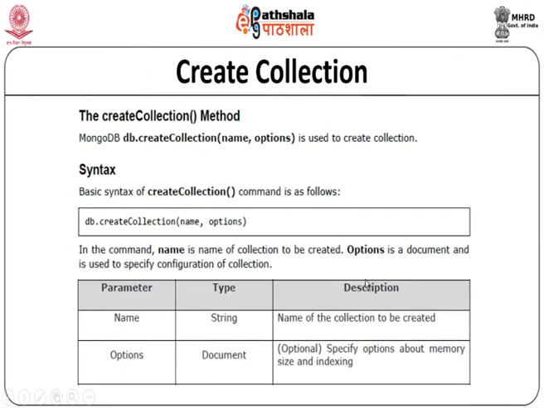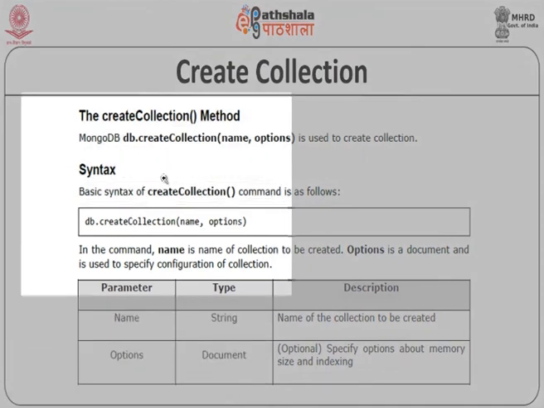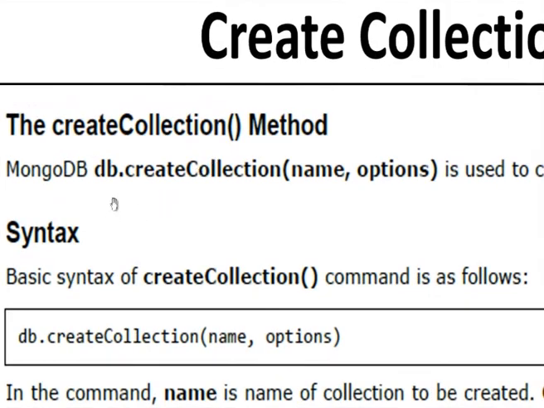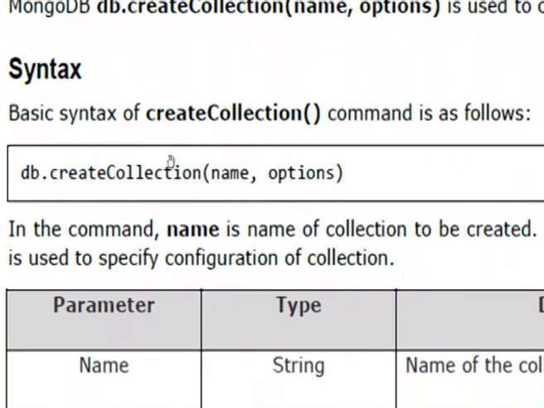Next is how to create a collection. For this there is a method called the createCollection method. The syntax is db.createCollection, and it takes two parameters, name and options. When you want to create a collection, first you should go into the respective database by using the use command, and then type db.createCollection.